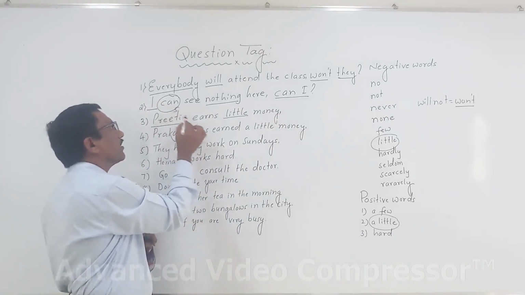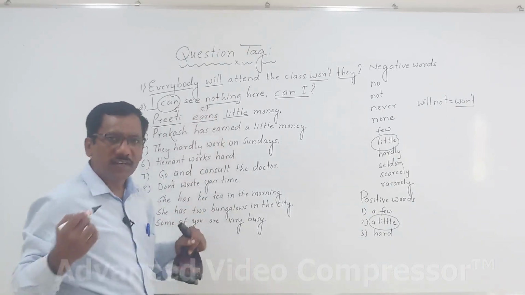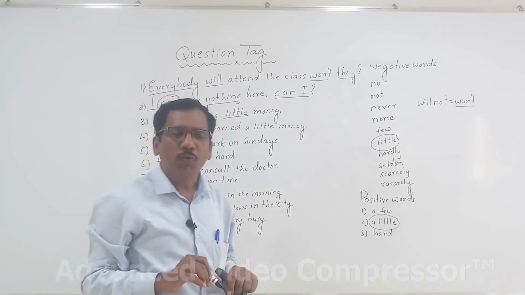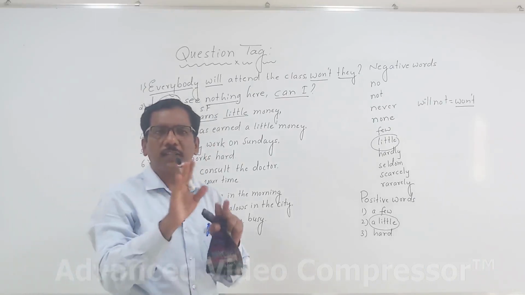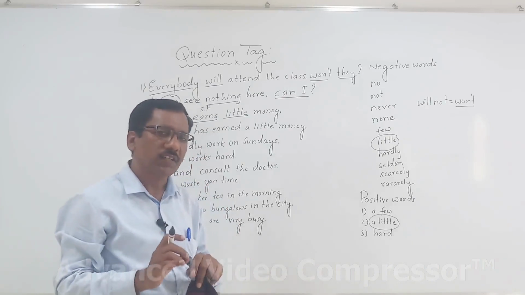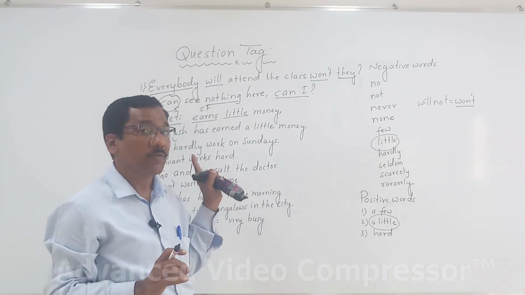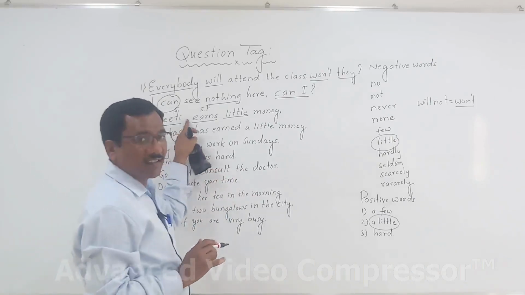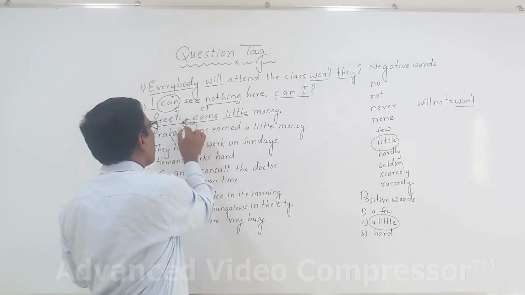Preeti is the subject, earns is the s form. In the previous video, we came to know that whenever the statement consists of subject plus s form, in between subject and s form, a helping verb is silent. That is does. Here, does will be silent.